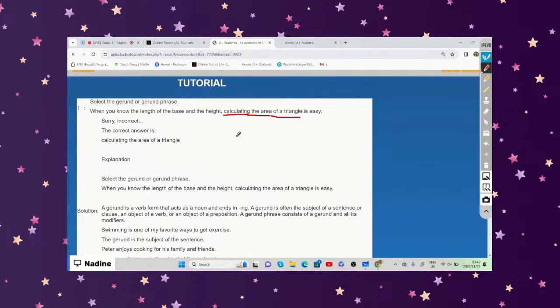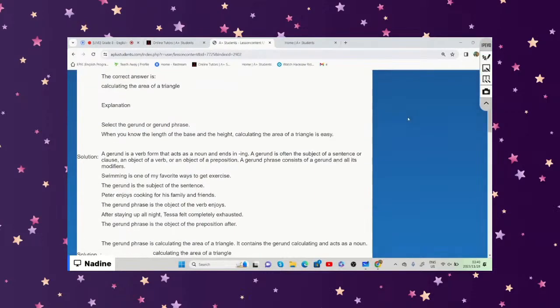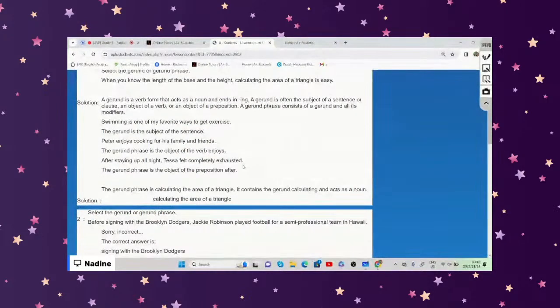But definitely calculating is our gerund. And the gerund phrase is calculating the area. So it's the phrase, not just the gerund, right? So it contains the gerund, which is calculating, and it acts as a noun. So it's calculating the area of a triangle.